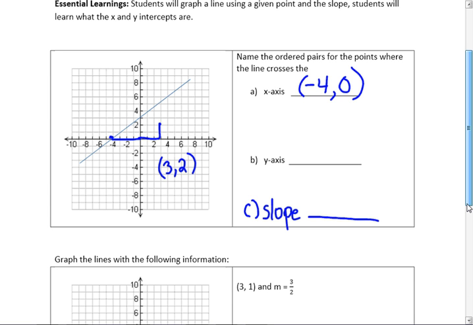Now, what's the name of the ordered pair right here on the y-axis? I need an ordered pair. Which one's 3, x or y? If you have a question, raise your hand. We'll get that submitted. Let's just do this right now. It's x, comma, y.